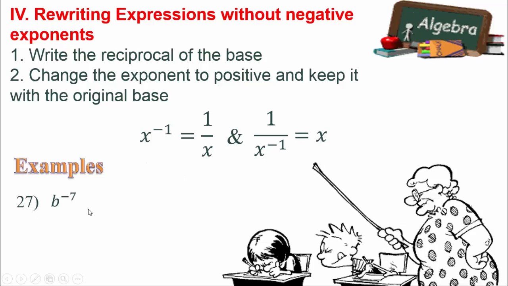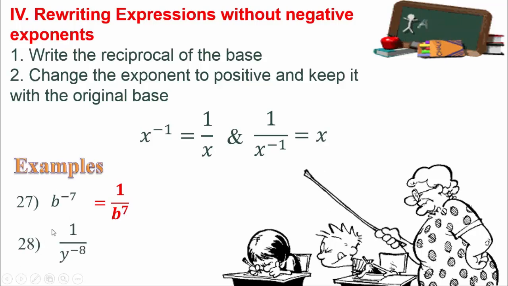For example, if we have b to the -7, what we want to do is write the reciprocal of it and its positive exponent. So that means we'll write 1 over b to the +7. In number 28, we'll use this rule because we have 1 over y to the -8.